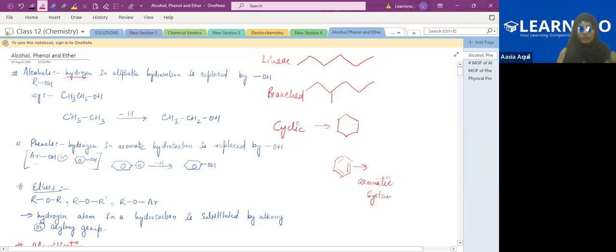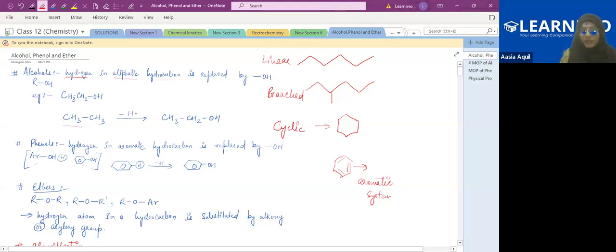Okay, so what is alcohol? Suppose this is an aliphatic hydrocarbon. Just take CH3, CH3, ethane. Carbon-carbon single bond, with hydrogens on each carbon.